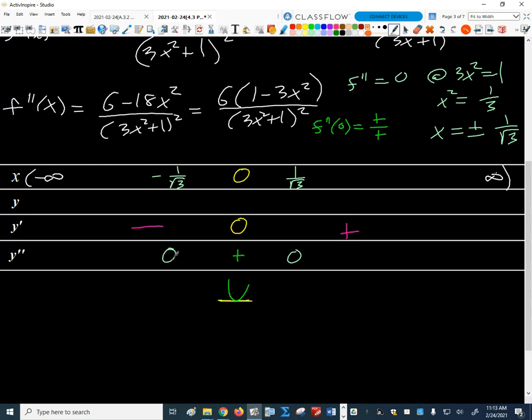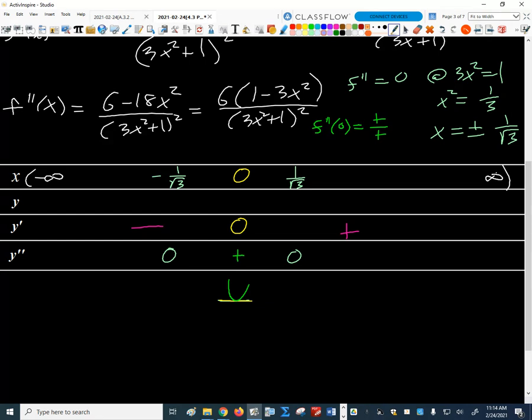How am I going to know if that's a place where the second derivative has a sign change? What do I have to do, somebody? Don't you have to take test points from in between above and below those? Yeah, very good. Positive or negative? Excellent. We just need test points, don't we? Yeah, we need test points.